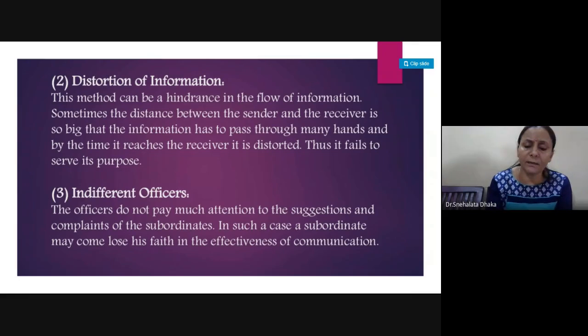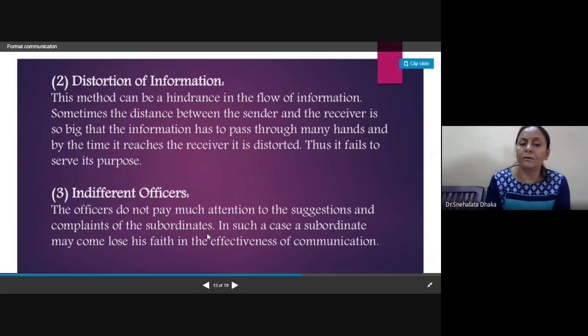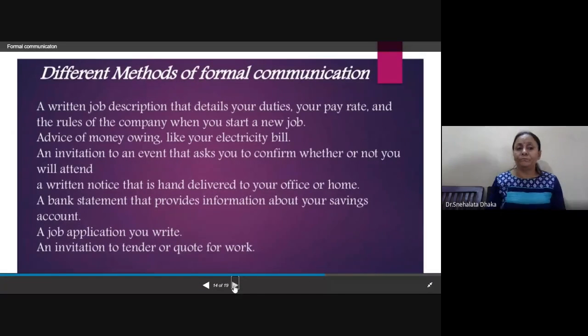So that is again a limiting aspect of formal communication. But as these officers are a very important part of formal communication, one cannot exclude them or avoid them. But still, this is one of the very important limiting factors which can create hindrance in effective communication.